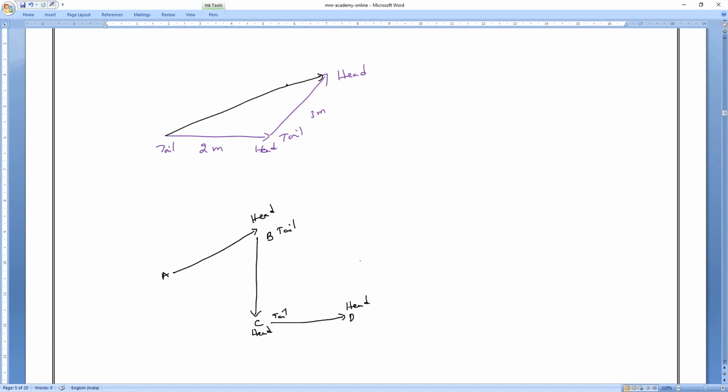Now you tell me, I want to know the resultant vector. This is A, B, and C. So what is the resultant vector? Tail of the first vector, and next is the head of the last vector. If I join directly, that will give you A to D. Understanding? That is the resultant, or we can say it is actually the displacement. Is it okay, guys?